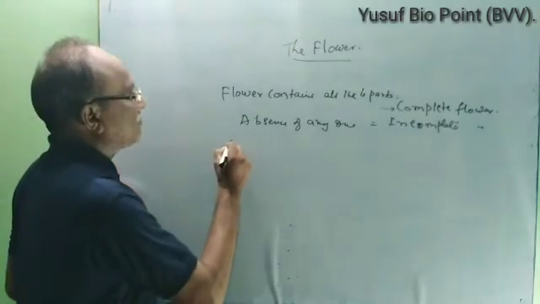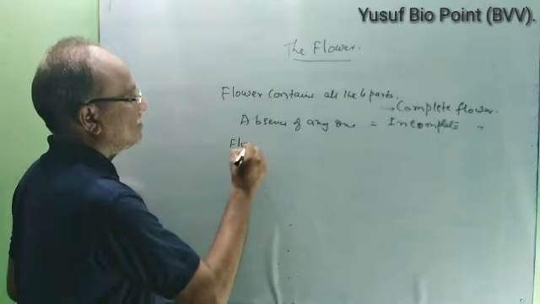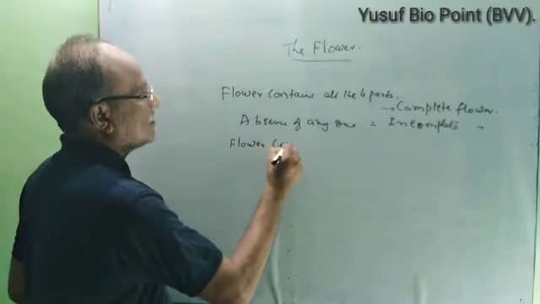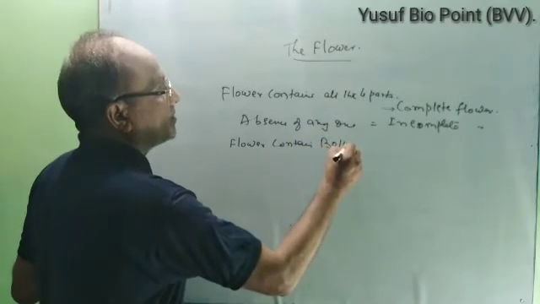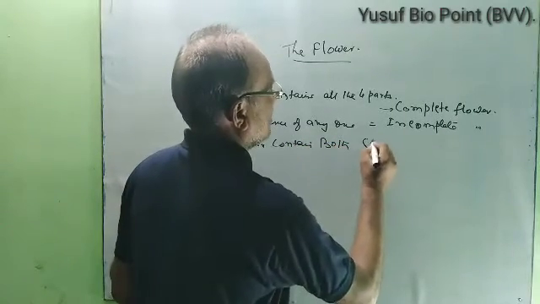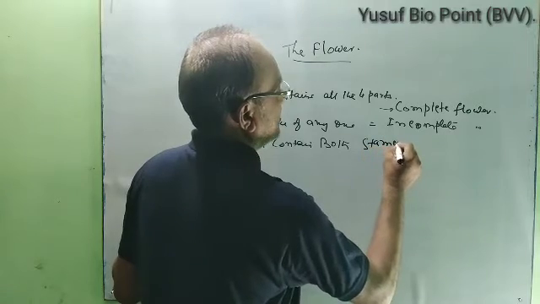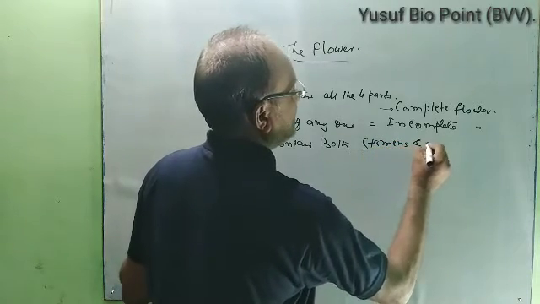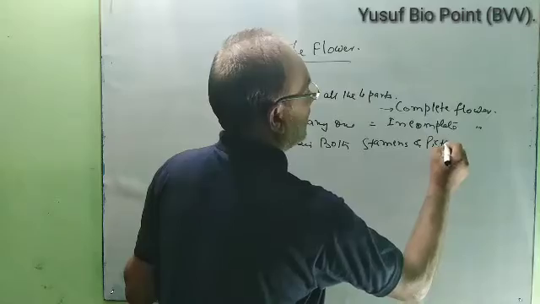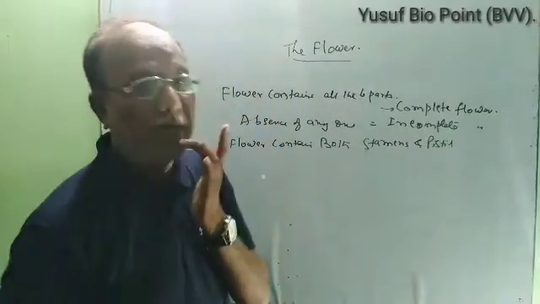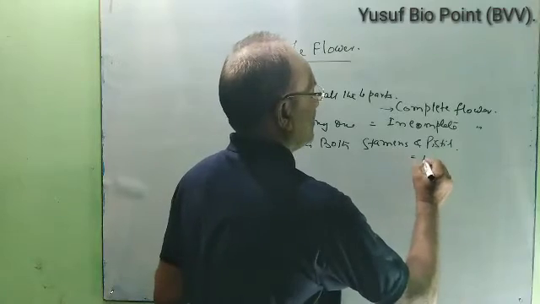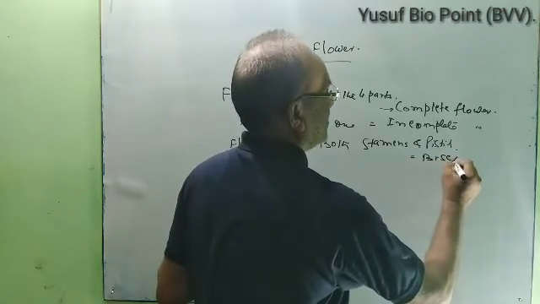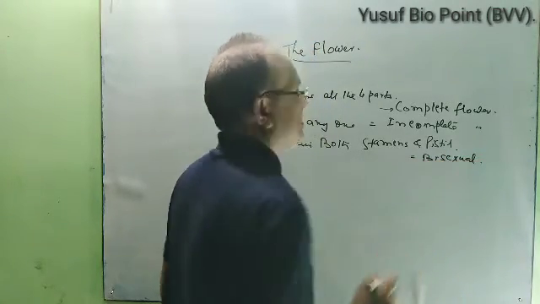If the flower contains both stamens and pistil, means both male reproductive organ and female reproductive organ, it is called bisexual.